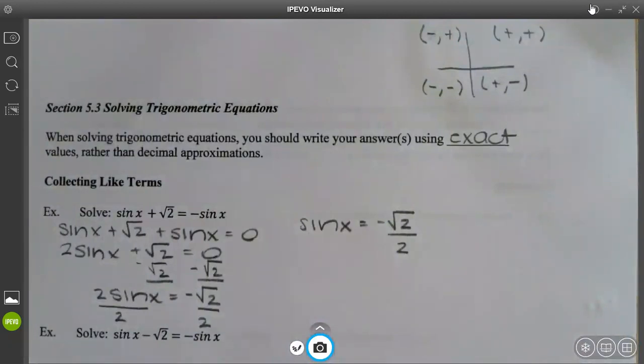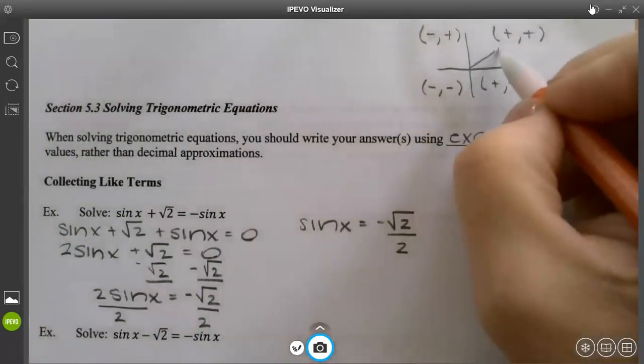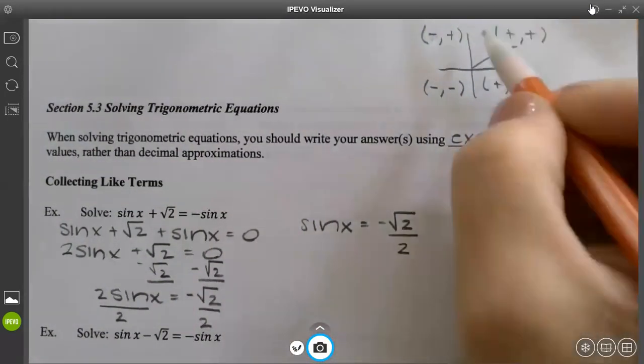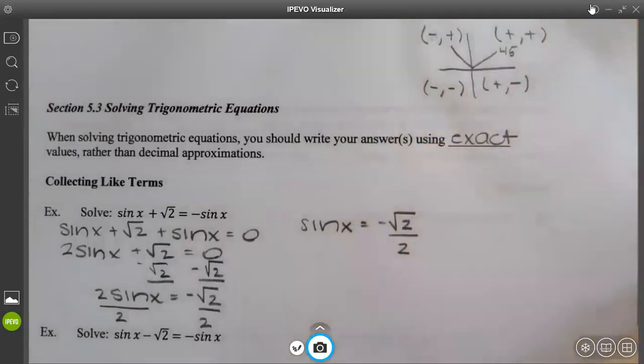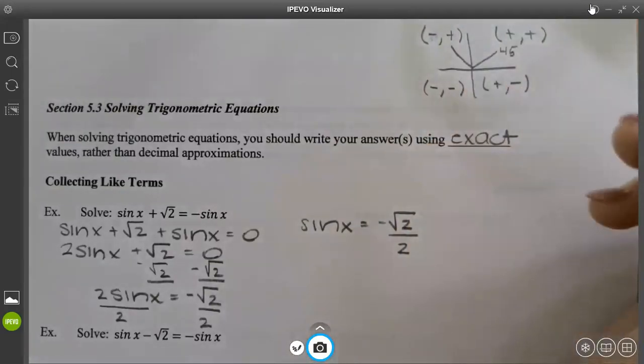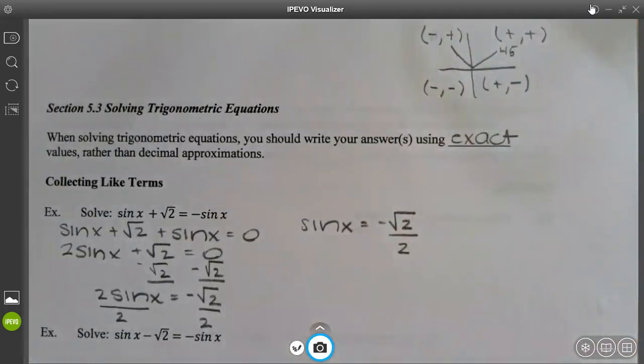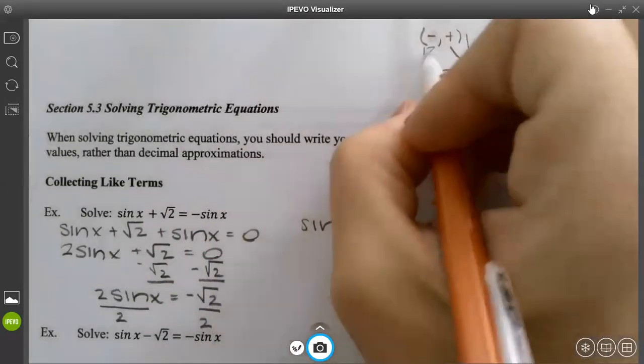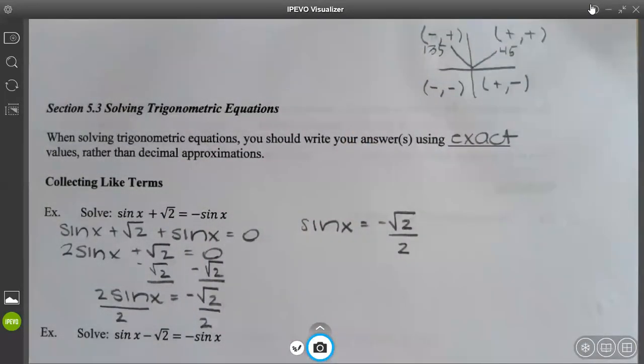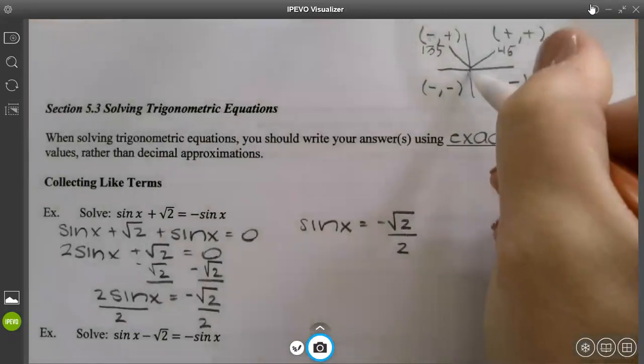So square root of 2, 45, then we have a 90. What would this one be? No, not negatives. No, not your coordinates, your degrees. Am I good with that? Then we have another 45 down here.